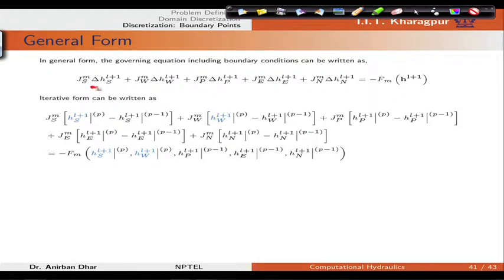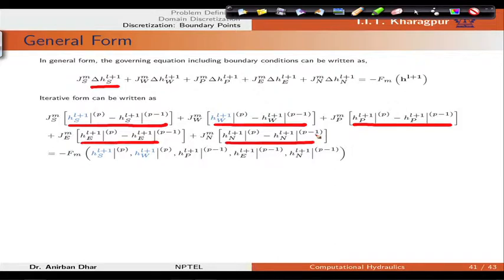Now, in this case we can solve this through iterative form. This H s can be expanded like this, H w can be expanded like this, H p, H e, H n. And on the right hand side F m can be expanded in terms of H s, H w, H p, H e, H n. So, I have changed the color for H s, H w in this case.